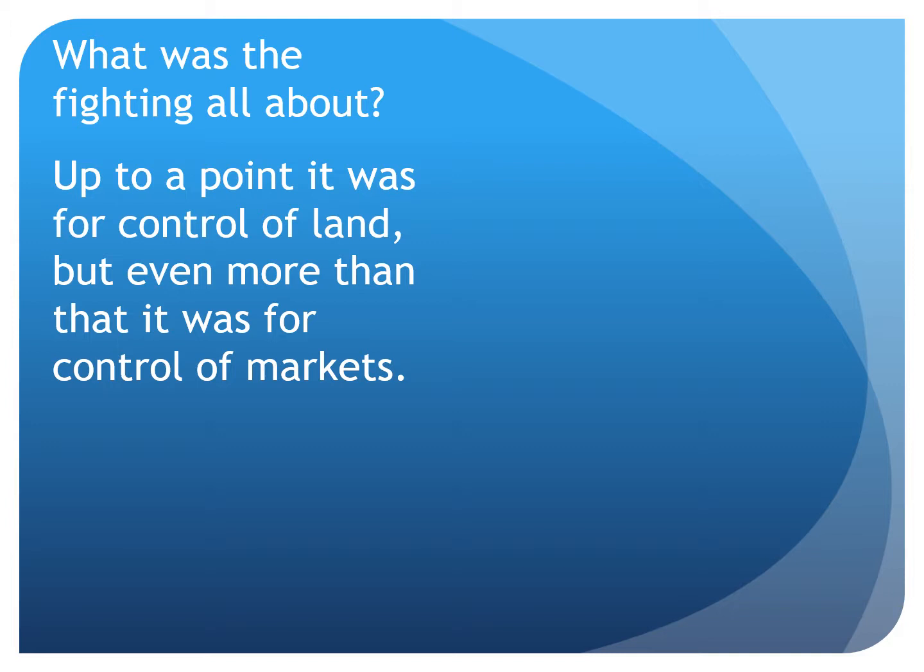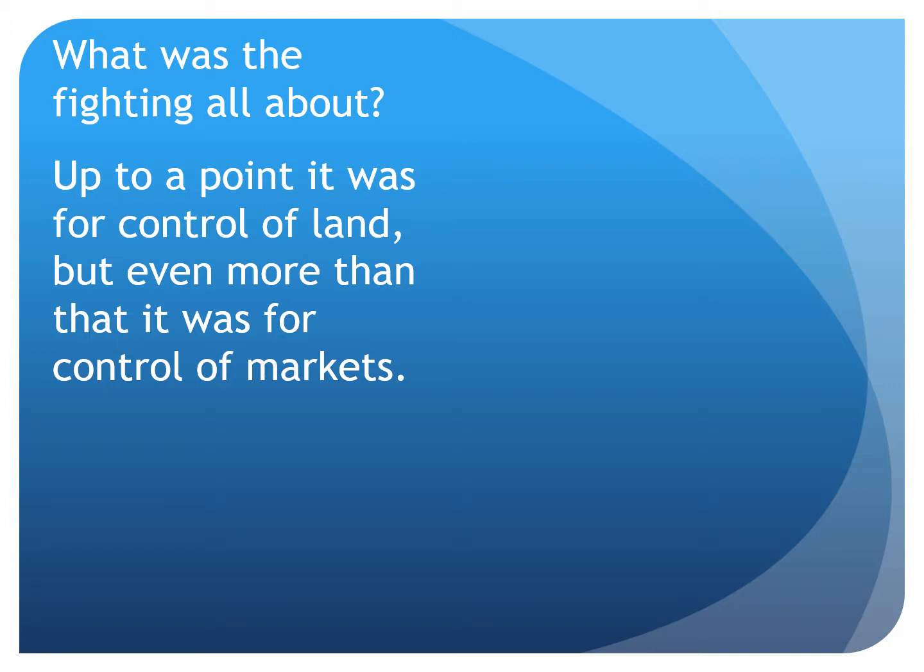Some of it was for control of land, control of territory, especially because new parts of the world were being opened up through exploration, improved transport. For example, the ships were now able to go across the Atlantic Ocean. Since 1492, Columbus had discovered America, and there'd been a big fight among European countries to grab land across the Americas.